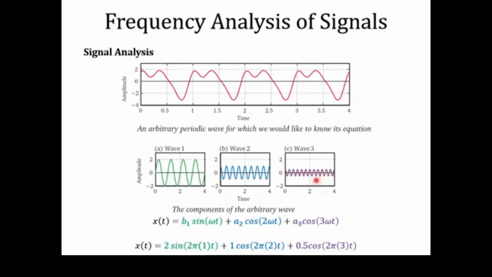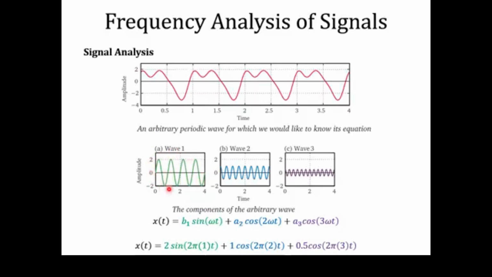Why is this waveform the third harmonic? Because its frequency value is 3 times of the fundamental component. And why are we considering this component as the fundamental one? Because if you look at the time period value of the resultant signal closely, its time period value is 1 second, and this signal is also completing its one cycle over the 1 second interval.